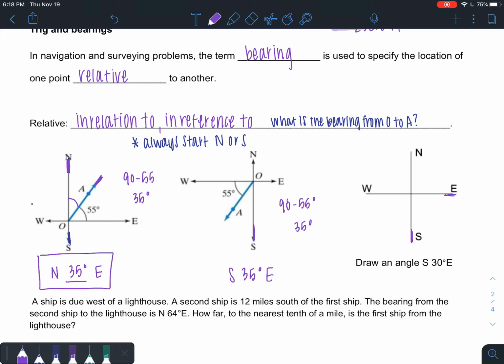So here's south, here's east. I know my angle's somewhere between them. And so I'm going from south to east, and that's where my 30 degrees is. We don't necessarily have to draw that angle there. This is south 30 degrees east. You can label it if you want to, but it's really not necessary.